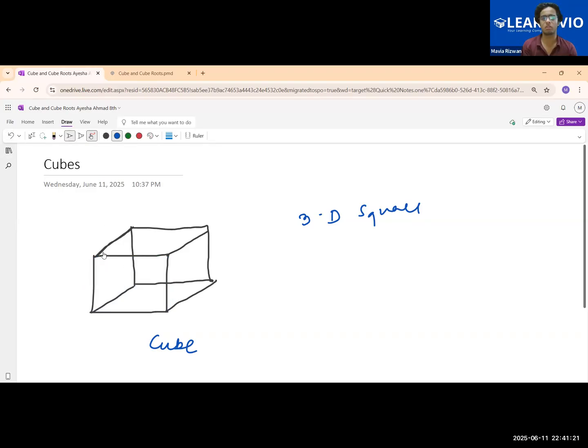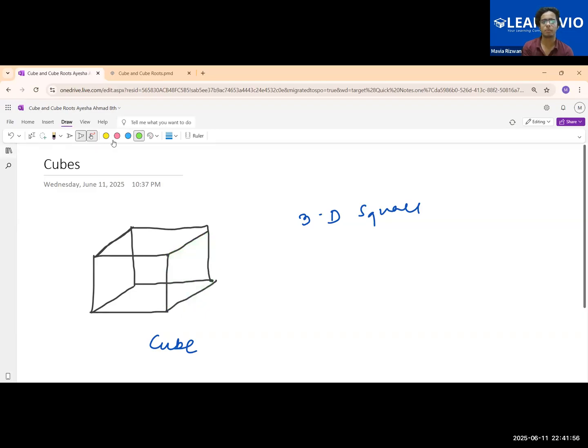If I highlight the faces, this is the first one. Second one, if I highlight, this is the top one, right? If I highlight the third face, that is this side.